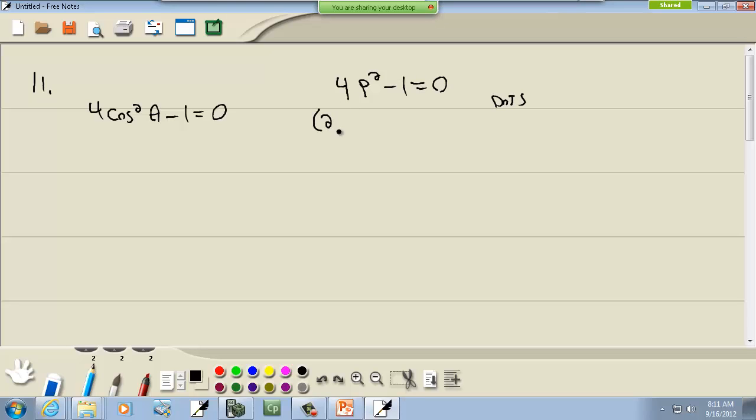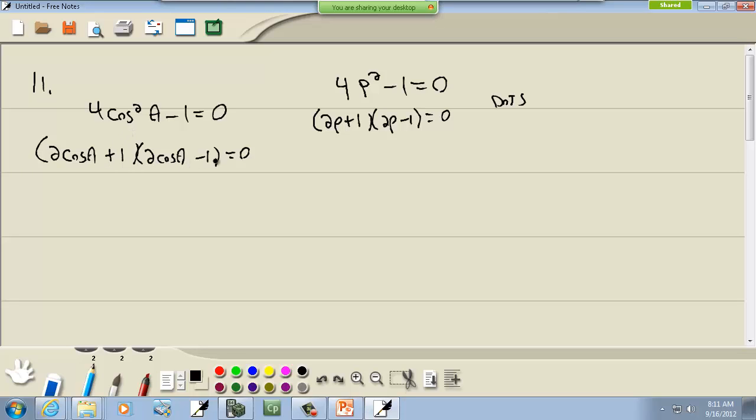So we could rewrite this as 2p plus 1 times 2p minus 1. Like that. But we really don't have p there. We have cosine. So this would be 2 cosine theta plus 1 times 2 cosine theta minus 1. So we looked at this with the square root property, but here we're looking at it with factoring.